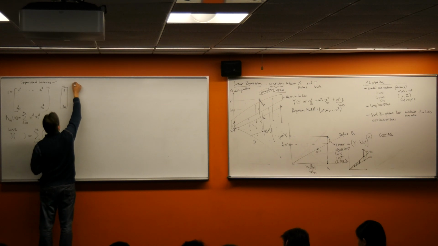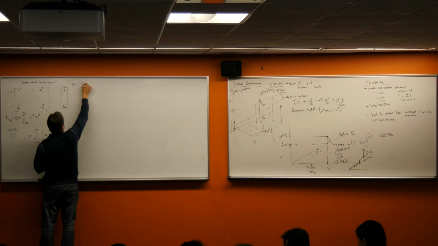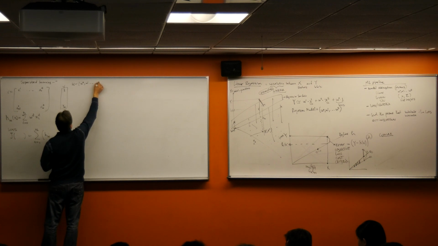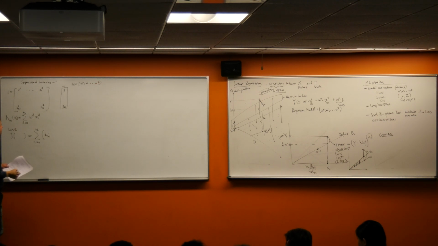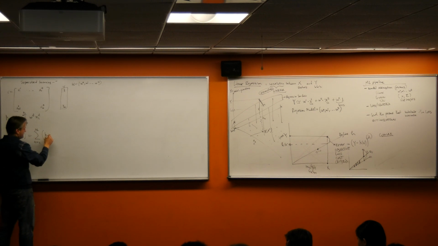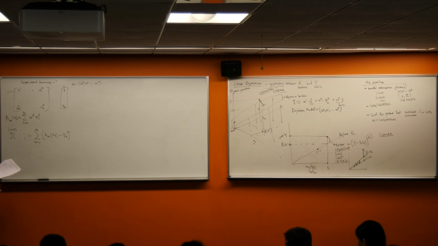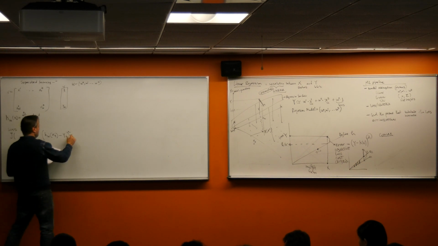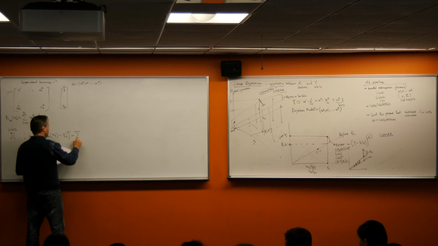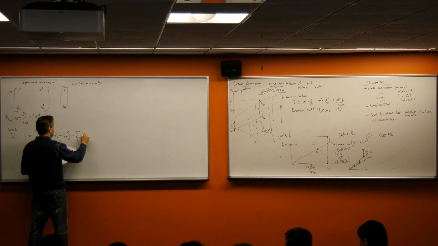So W as a vector is W0, W1, up to Wd. The loss is the sum over all data points of the squared difference.